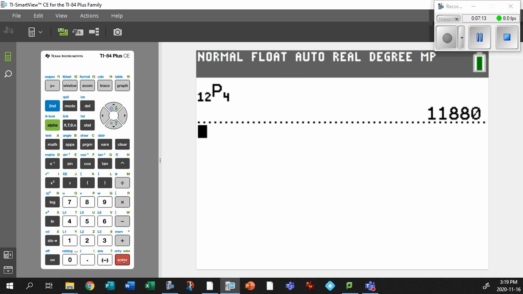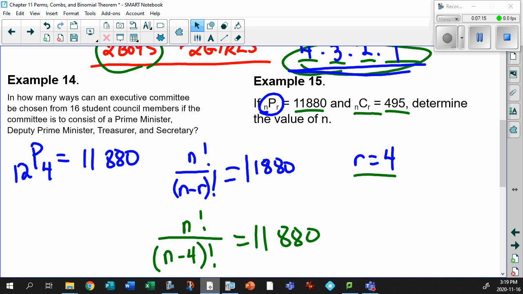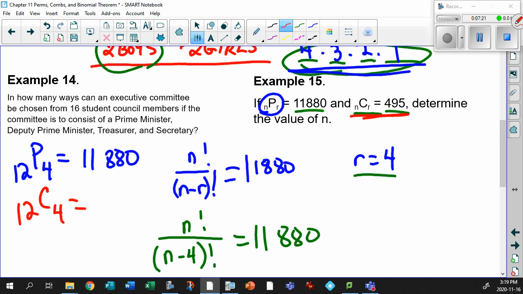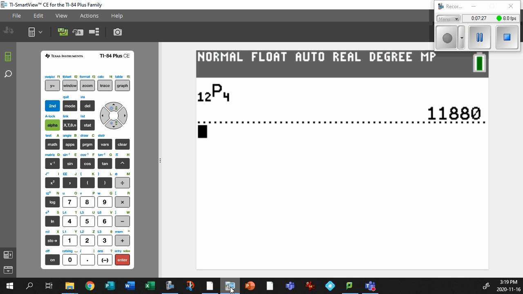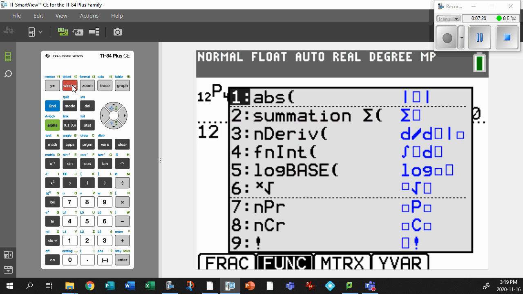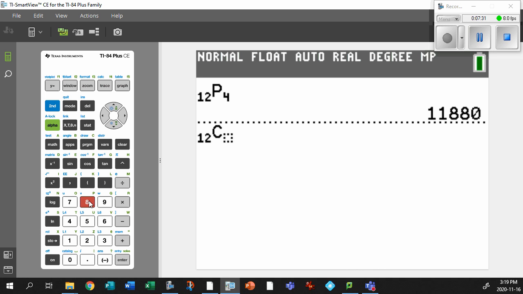And I better have, on the next one, oh, look at this. 12 choose 4, better give me 495. Let's try. Ready? 12, alpha, choose 4, and look at that. It does, perfectly. A little bit of algebra, but it's not that scary, is it?